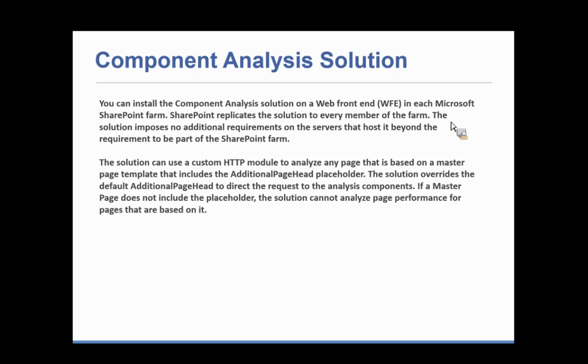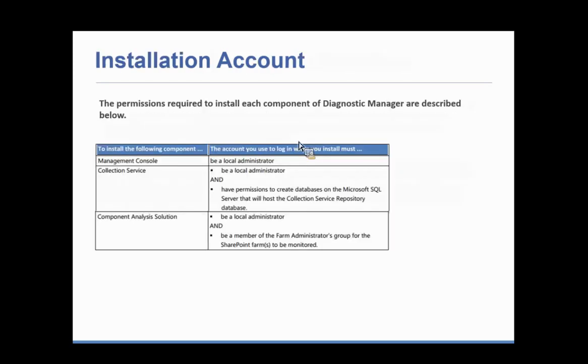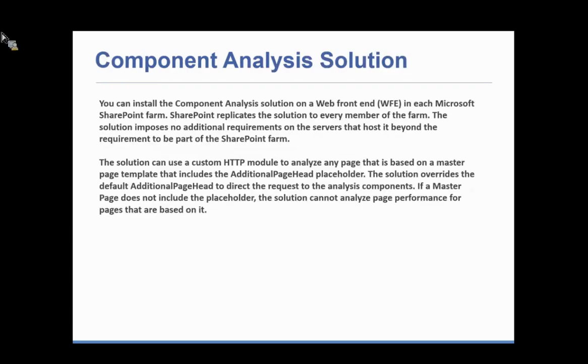By that token, the solution imposes no additional requirements on the servers that host it beyond the requirement to be part of the SharePoint farm. Essentially, for those of you that are familiar with solution deployments in general for a farm, we deploy a solution, or a quote-unquote WSP file, to the farm. Once it's deployed on any one WFE, SharePoint takes care of replicating and propagating that solution to the other servers that would need it.